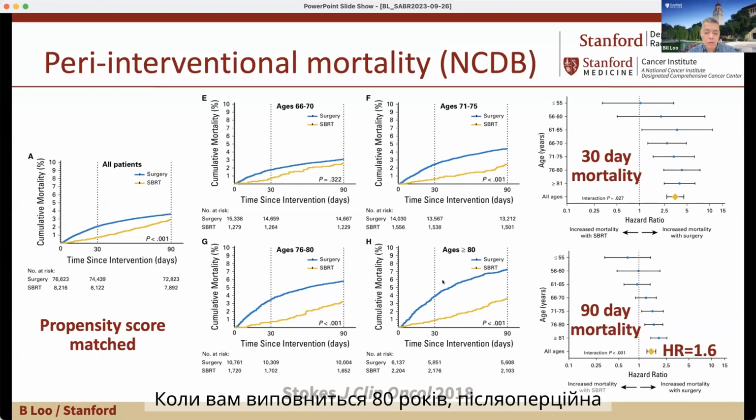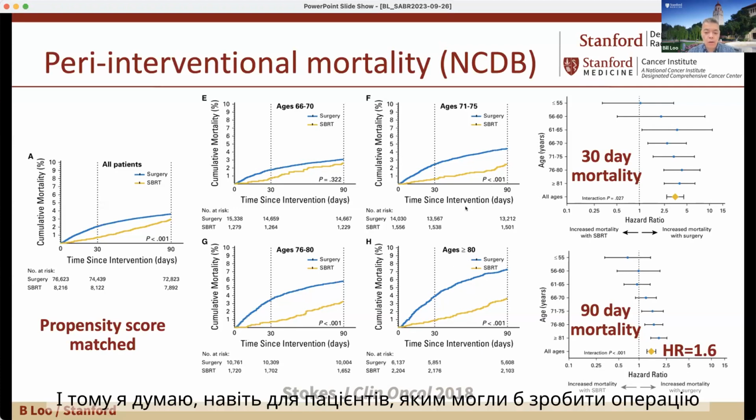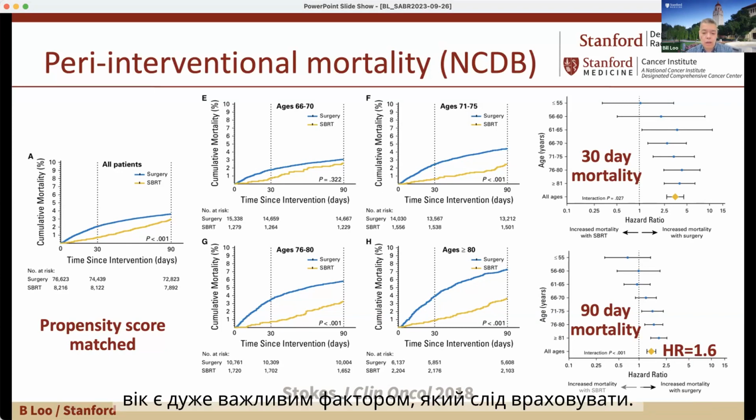But as you get to ages over 80, the surgical perioperative mortality risk keeps going up, whereas for SABR, it's fairly age independent. And so I think even for patients who could have surgery, age is an important factor to consider. And perhaps for patients who are older, SABR might in some cases be preferable.